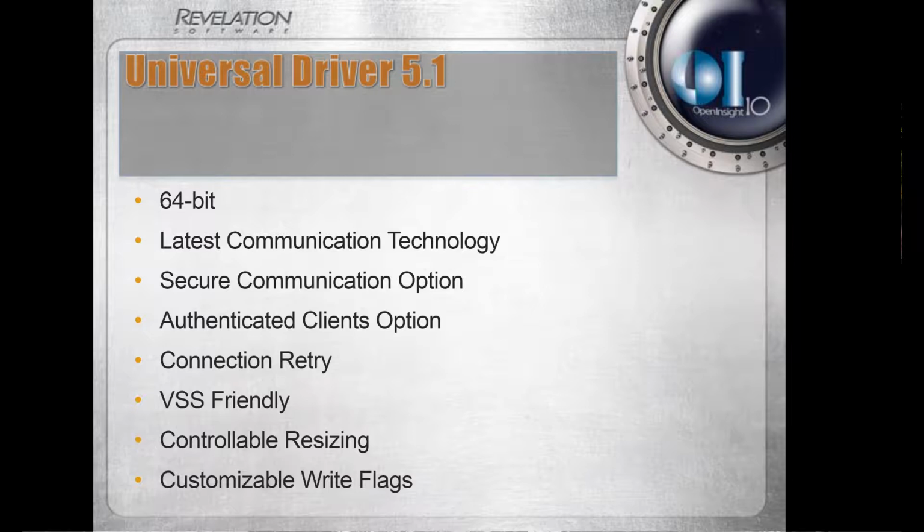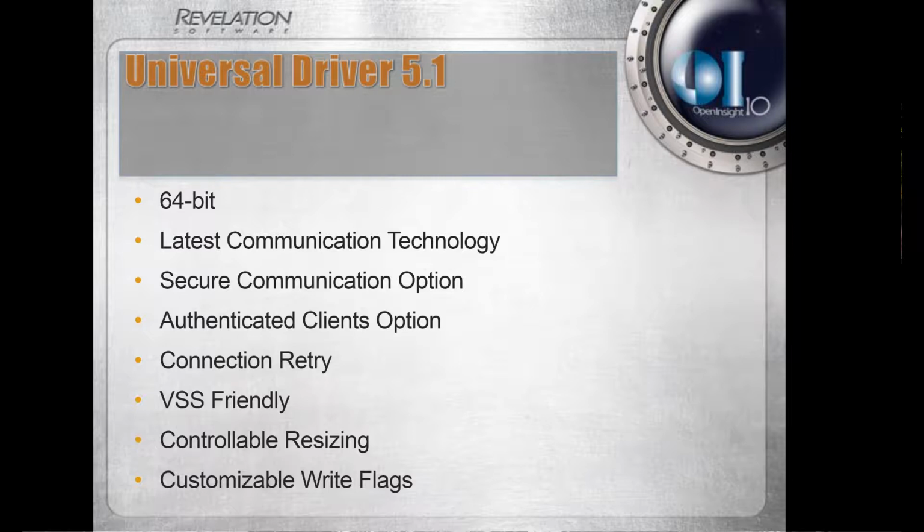Thanks, Bob. So the universal driver is kind of the heart of the OpenInsight database. It manages all of the access to the linear hash files, and everything communicates with it: O4W, AREV64, CTO, and of course OpenInsight. The universal driver makes sure that all of these different components and all of the different users of OpenInsight can access the data properly without contention.